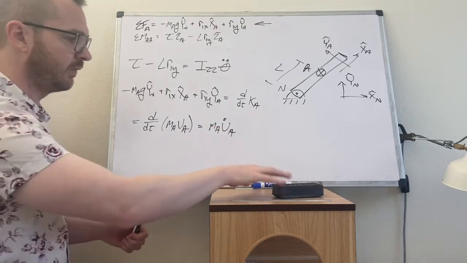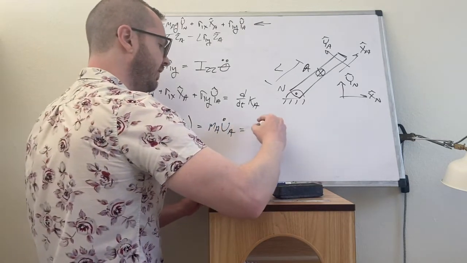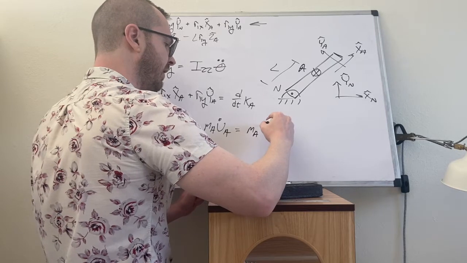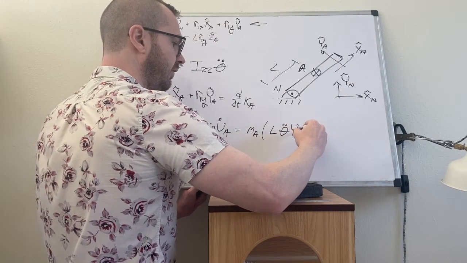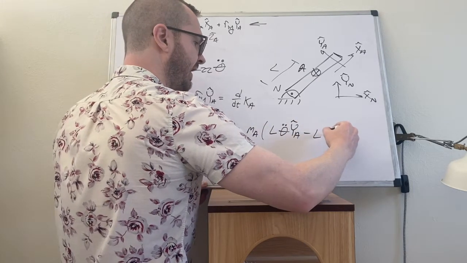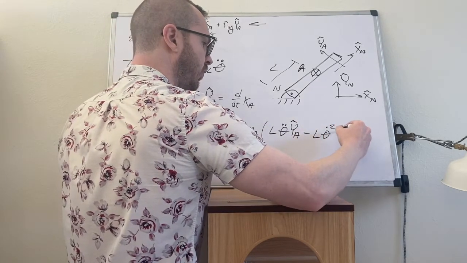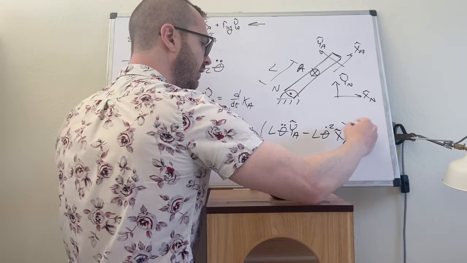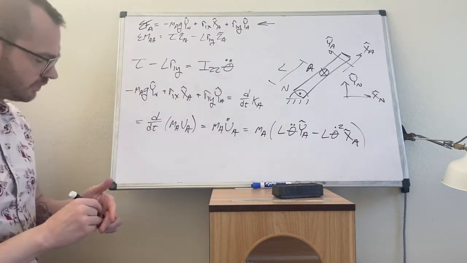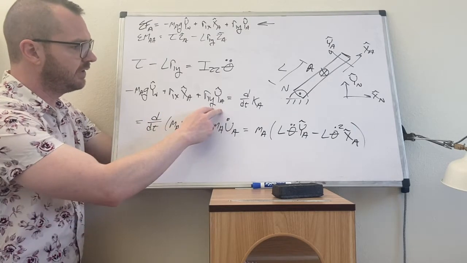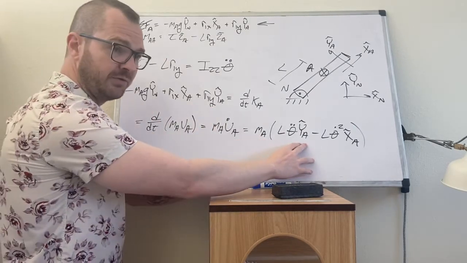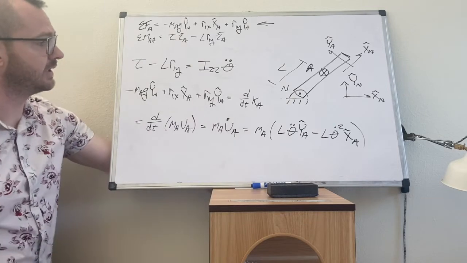We have VA dot, we talked about it in the beginning. This is Ma multiplied by L theta double dot YA minus L theta dot squared XA. So the equation is your sum of forces equal to mass times your linear acceleration.